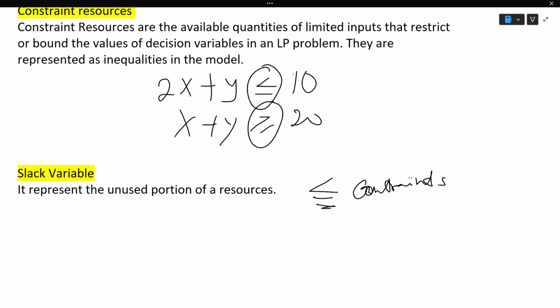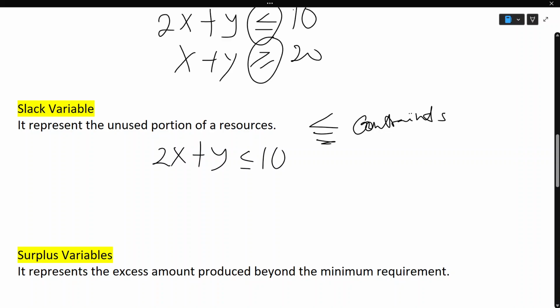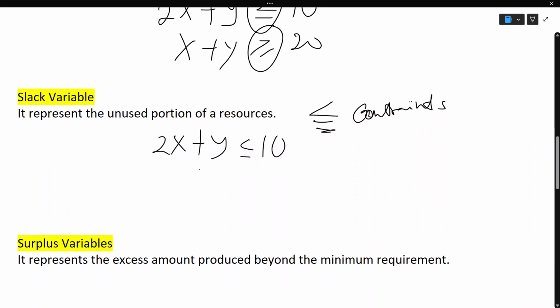For example, let me have 2x less than or equal to 10. This is an inequality function. We are saying that for the constraint, the leftover, whatever we have at the left hand side of the inequality, is less than or equal to 10.